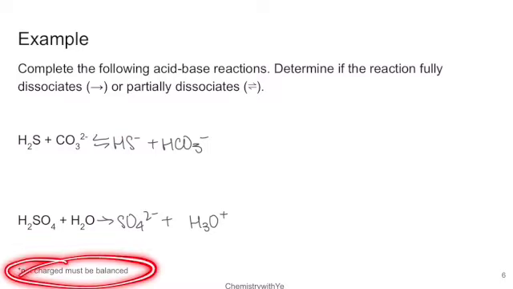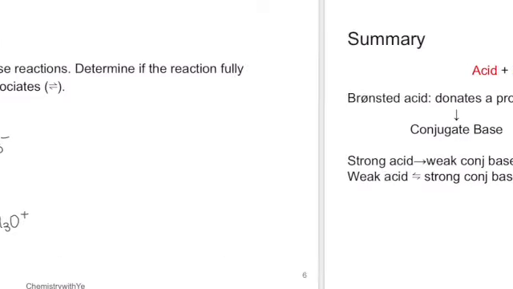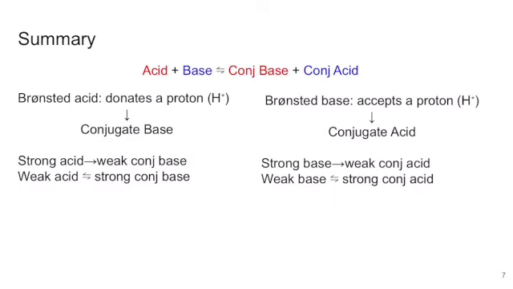To ensure that the net charge is balanced, the charges on the right-hand side must be neutralized. So that means 2 hydronium ions will result, meaning that 2 waters must be used to neutralize the reaction.